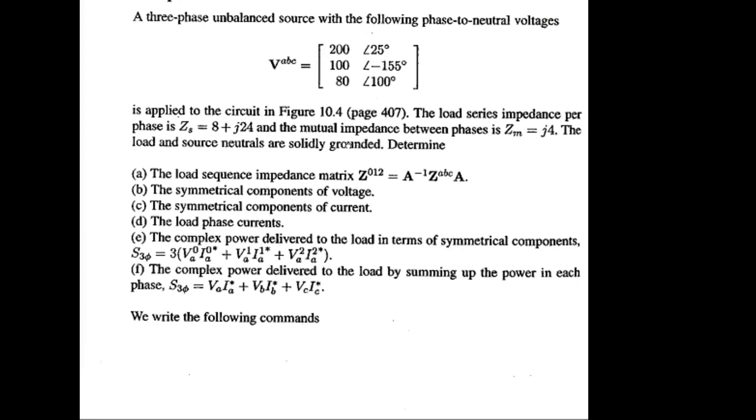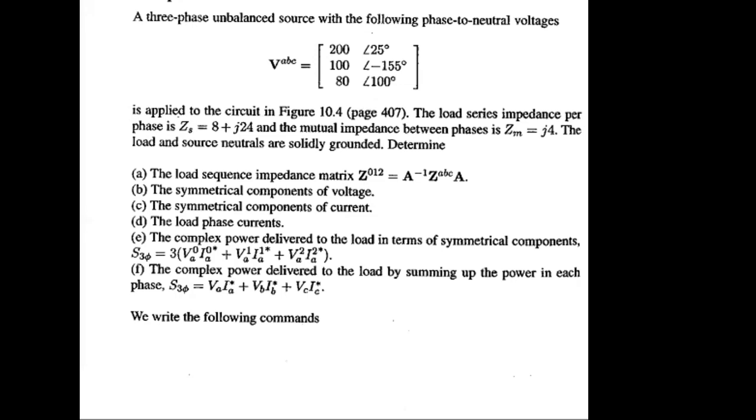Third is reactive ground, where between neutral and earth you might have a reactive component to check the unbalanced current due to a short circuit situation. In this case it is solid ground. That means you will have a ground connection in a solid conductor that doesn't have any impedance. Zn is 0 for this case.